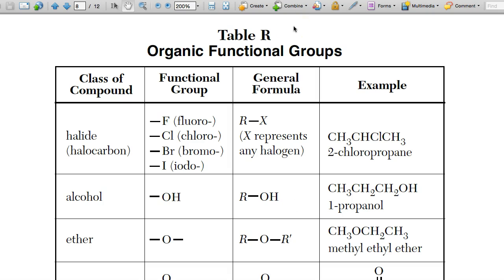Table R is talking about the different types of functional groups, which is basically different arrangements of atoms. And if those arrangements of different atoms on a hydrocarbon are similar, then the properties are similar and they're a different class of compound. Notice the word was class of compound. So table R is where to look.